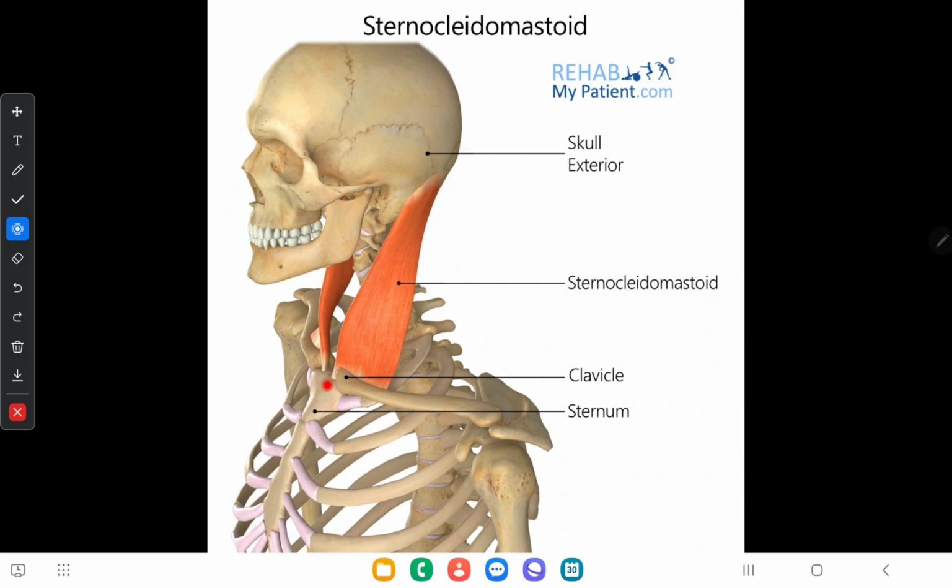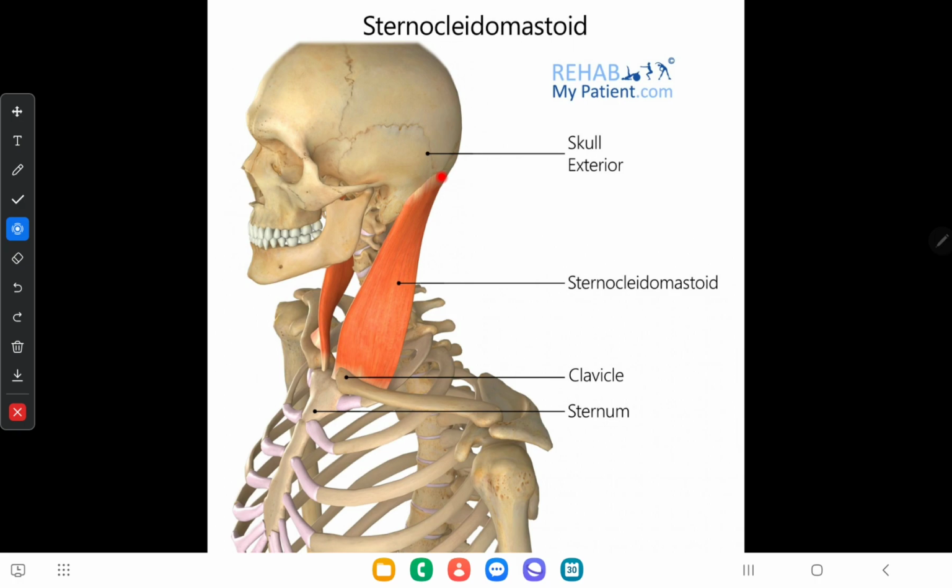Here the clavicular head and here the sternal head, which fuse to form a single belly, and then the muscle fibers go up and insert into the lateral surface of the mastoid process and the lateral half of the superior nuchal line.